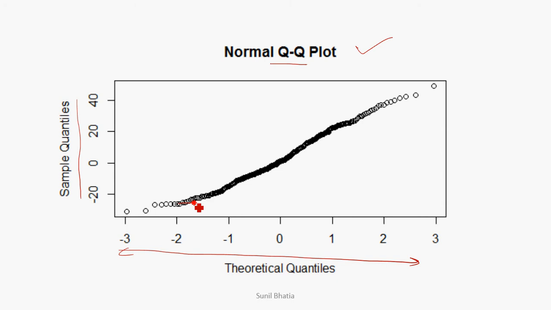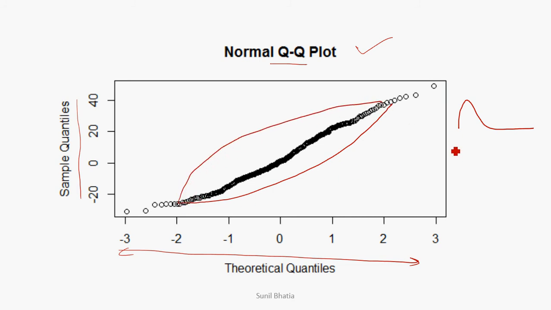Suppose the data points form a convex shape, then it means that our distribution is skewed, so it will be left skewed. And if our distribution is concave in shape, then the distribution is skewed the other way. There are two other shapes also.